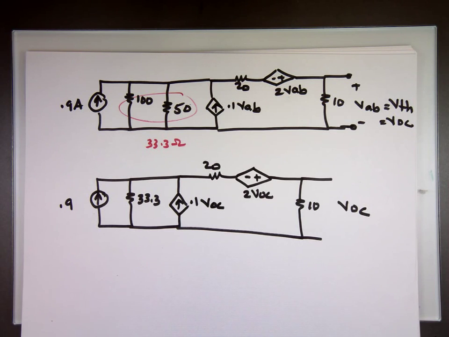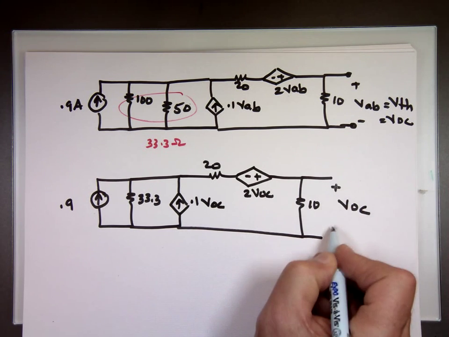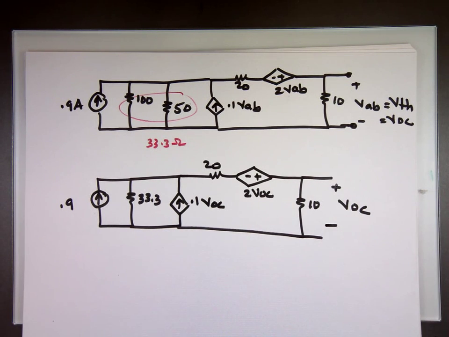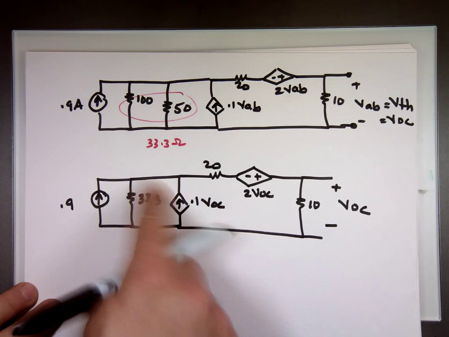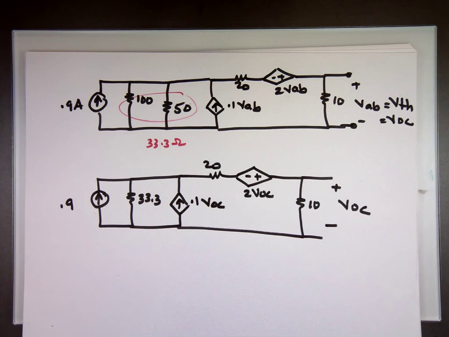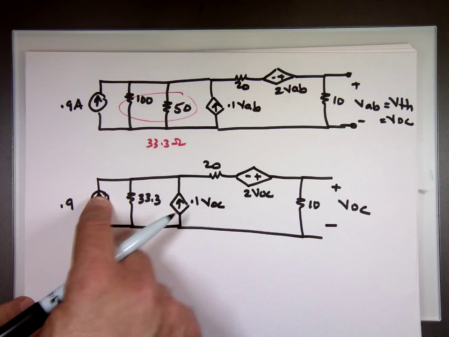And now we're going to solve for V open circuit. Well, if I do one more source transformation, I'll have two loops, and it'll be two equations by two unknowns. So let's do a source transformation.